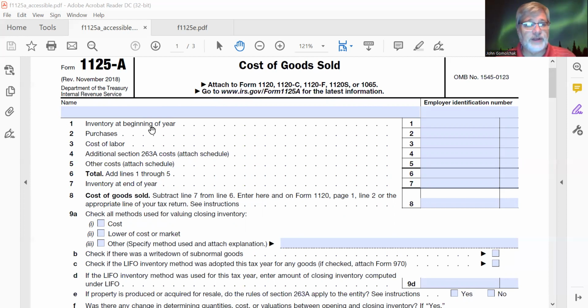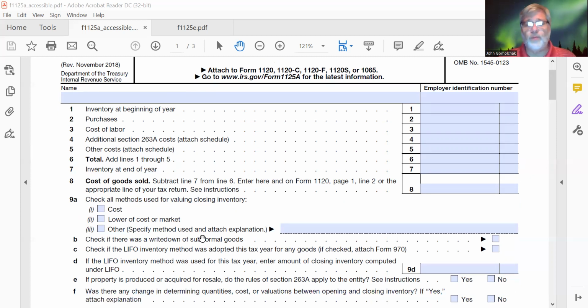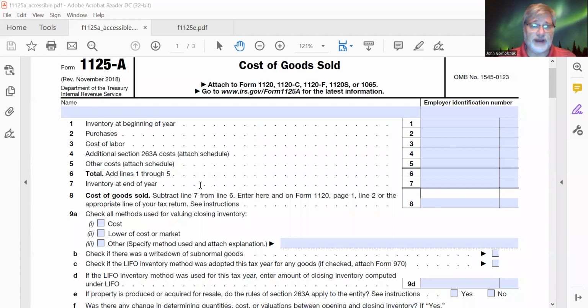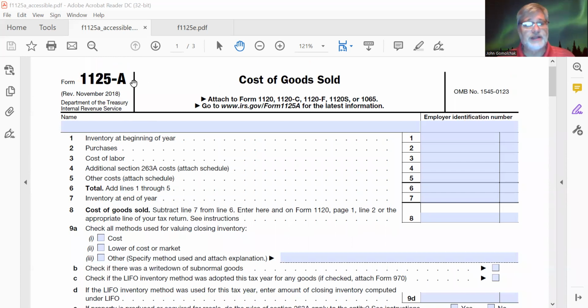So some of the information comes to here, but I don't want to start with the 1125A, although it's logically before 1125E, we actually need to start with 1125E. So let me stop sharing this form and go to the 1125E.